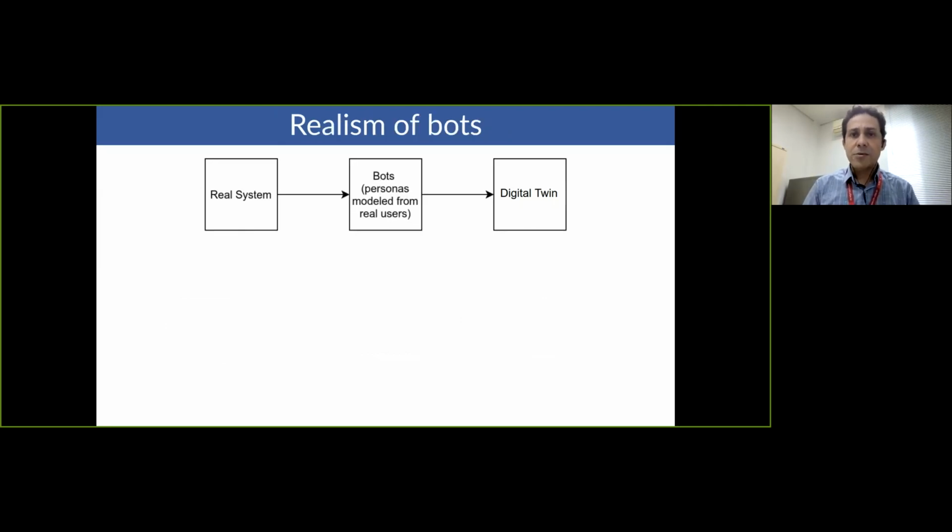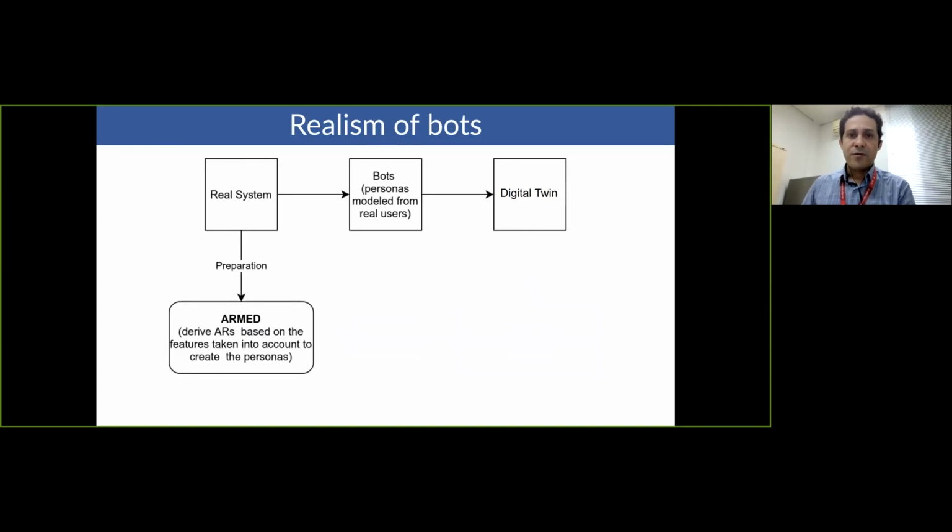For the scenario on realism of bots, our assumption is that the bots used in the target digital twin are derived from personas modeled from real users. For applying armored testing, first we learn from the real system how typical user interaction patterns are correlated with the user features that were taken into account to create the personas.